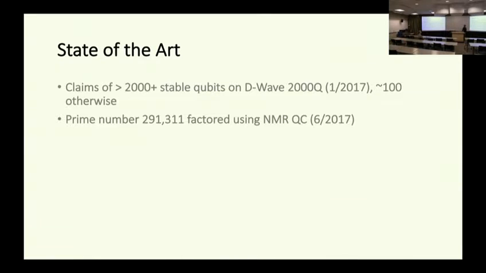The biggest problem solved so far, at least as an arithmetic problem, is that they have factored the number 291,311 using Shor's algorithm. Just to get a sense, the largest known prime number has 22 million digits in it. So we have some ways to go.